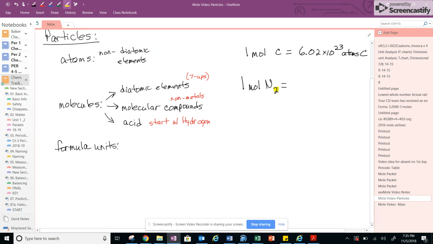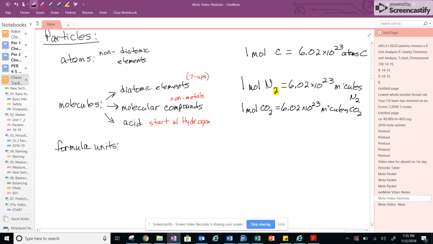All right, so if I had 1 mole of nitrogen, N2, diatomic, that's why I have that subscript of 2 there. And that means I have 6.02 times 10 to the 23rd molecules. I'm going to use this abbreviation, guys, MQL, to represent molecule, just to shorten it up just a little bit. If I had 1 mole of CO2, carbon dioxide, I have 6.02 times 10 to the 23rd molecules of CO2.